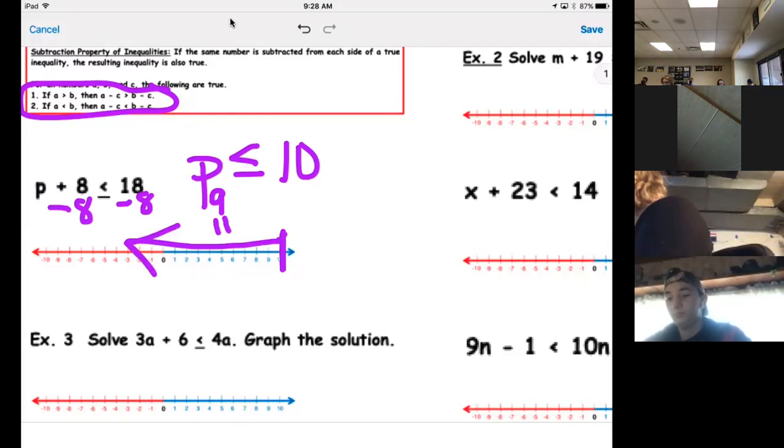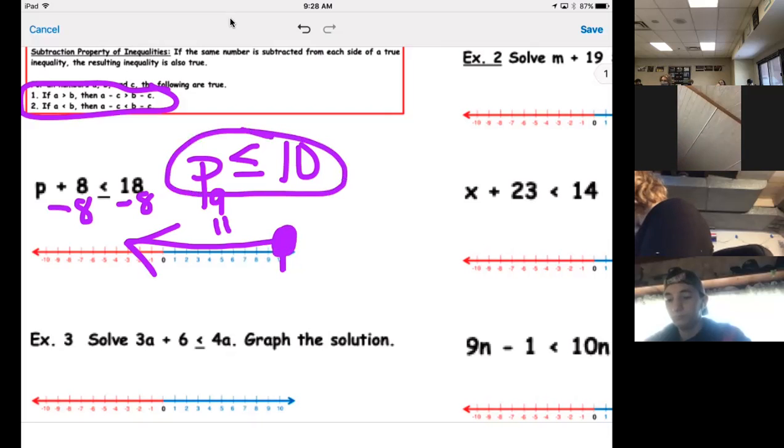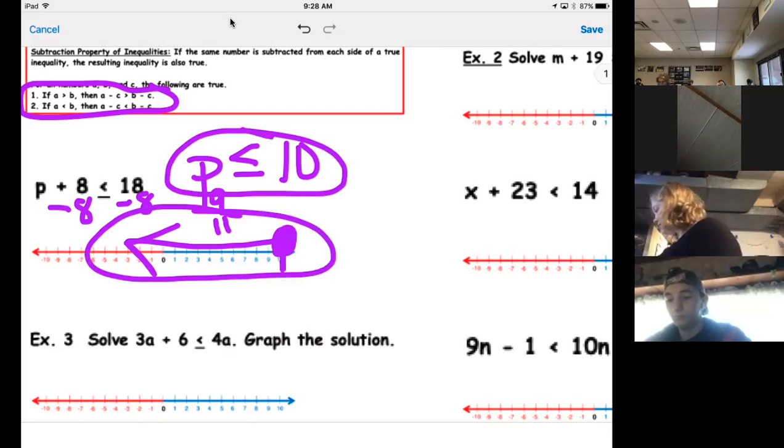Is it going to be an open circle or a closed dot, Sophie? Closed. Closed, absolutely. Okay, so here's what we have for an answer. P is less than or equal to 10, and my graph.